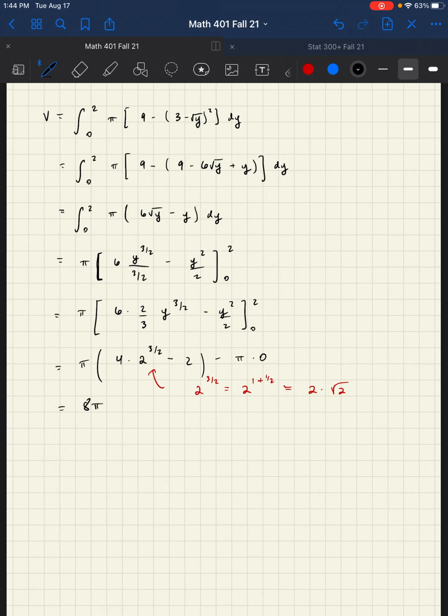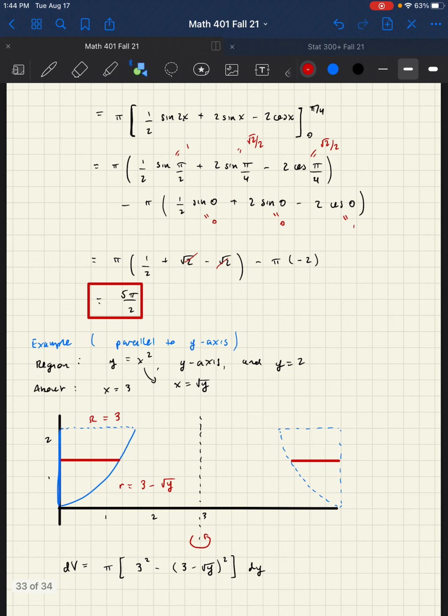Okay, then that means the 2 and the 4 will combine, and that'll make 8 pi root 2. Or 8 root 2 pi if you prefer. That's probably better math manners to do it that way. That's our answer.